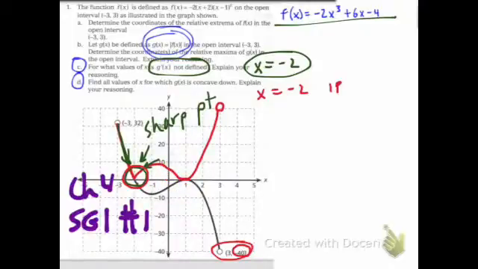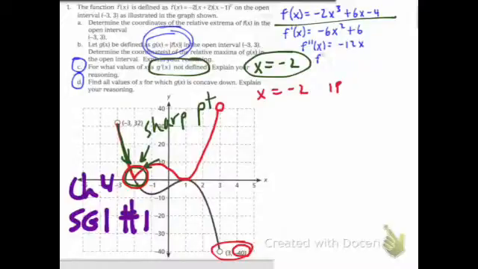I took the liberty of multiplying f of x out, so in the upper right hand corner of your screen, f of x is this third degree polynomial. Therefore, f prime of x would be equal to negative 6x squared plus 6, and f double prime of x would be equal to negative 12x.